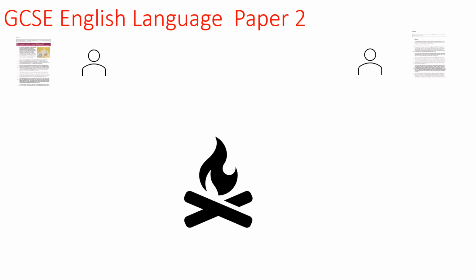Okay, now that there are two texts, we need to look at something particular, because these two texts are going to be written from different perspectives on the same topic. So we need to think about that when we're looking at this paper. Say, for example, the paper was based on fire, and the two articles were from two different people from different times looking at their perspective on fire.